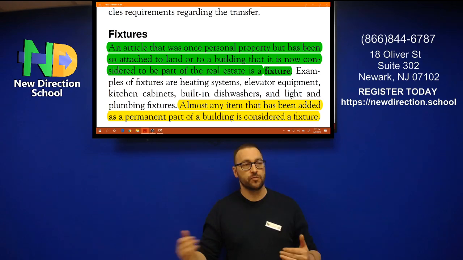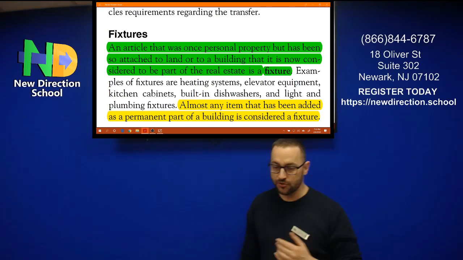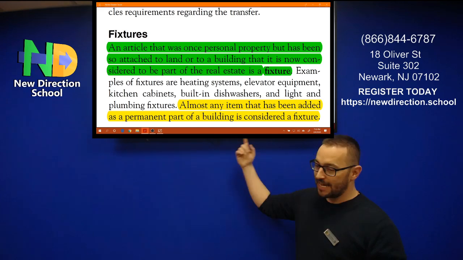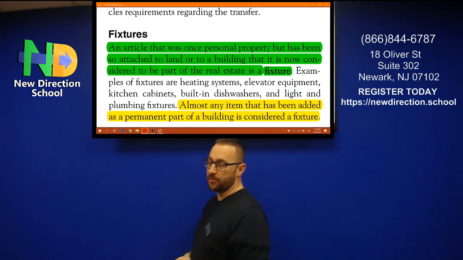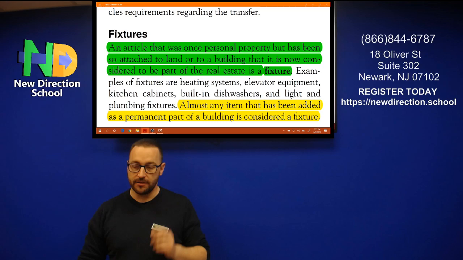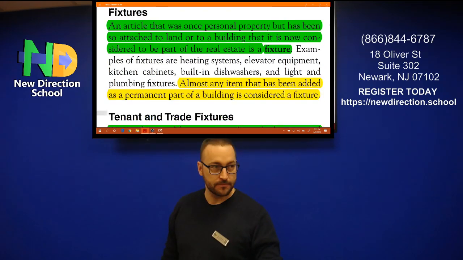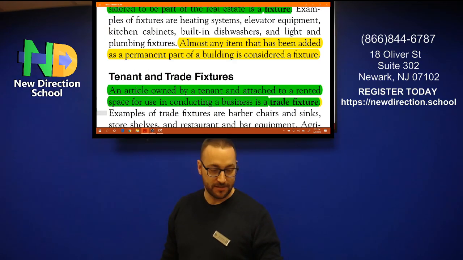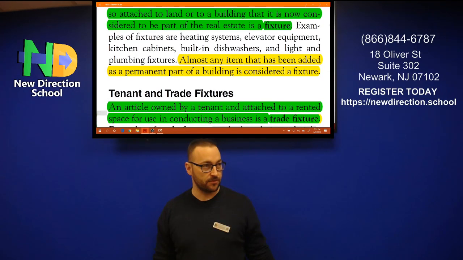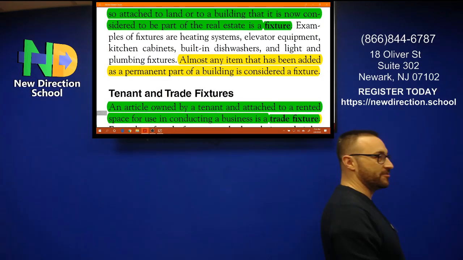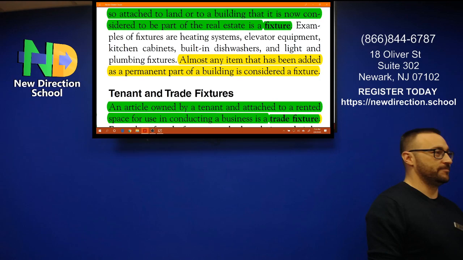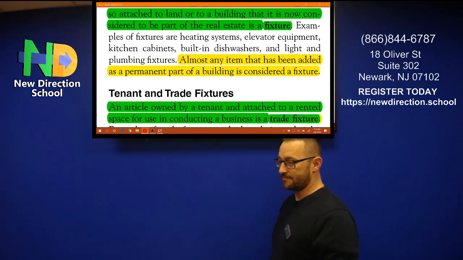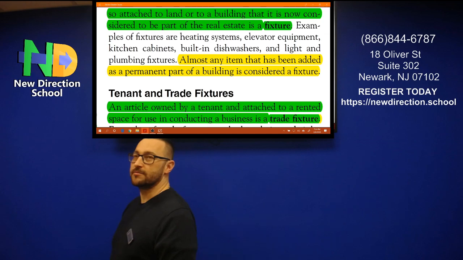So almost any item that has been added as a permanent part of the building is considered a fixture. Pool. Absolutely, the above ground pool. If it's below ground, that's a problem, not a fixture.